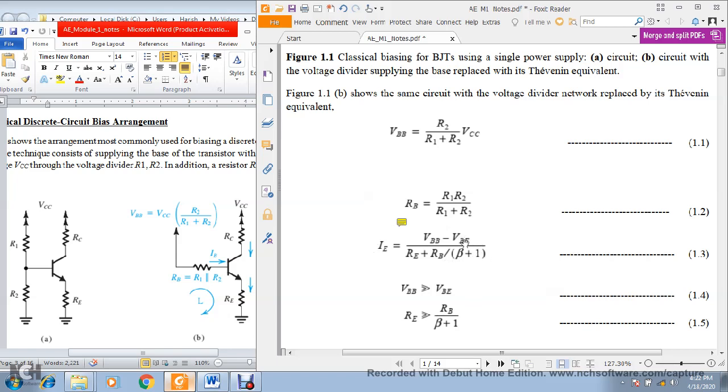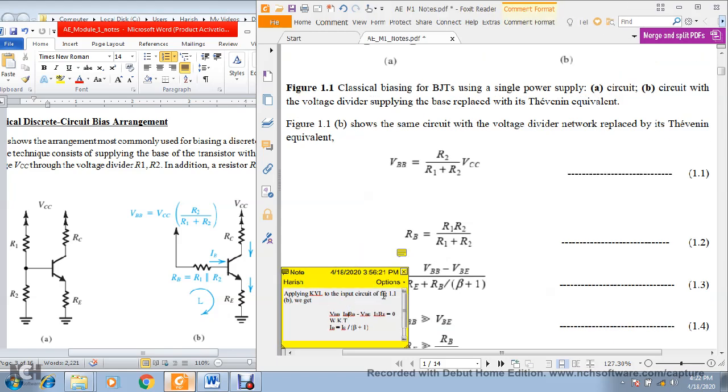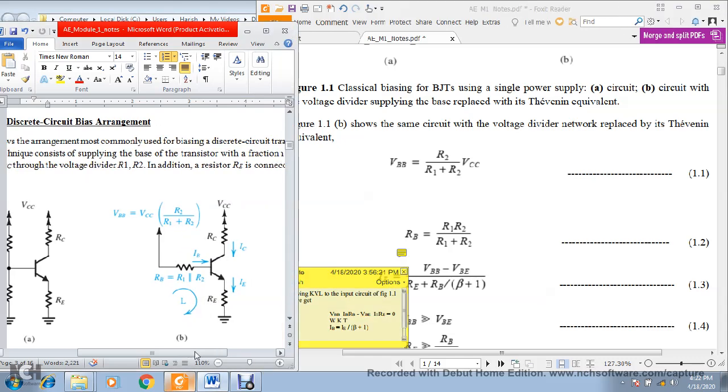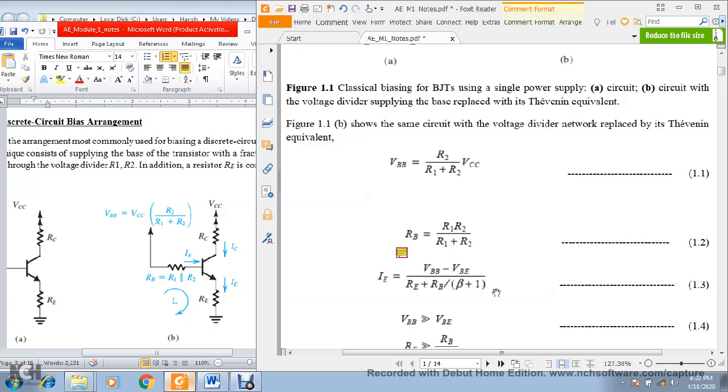You can obtain this equation by applying KVL to the input circuit: VBB minus IB RB minus VBE minus IE times RE equals zero, where IB is equal to IE by (beta plus 1). Substitute this IB in the above equation and solve for IE, the emitter current, and you get this.